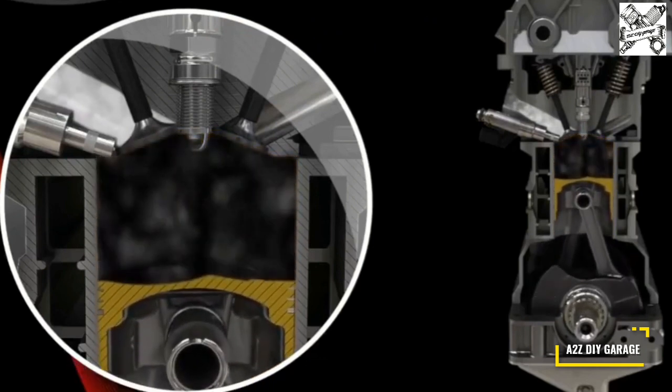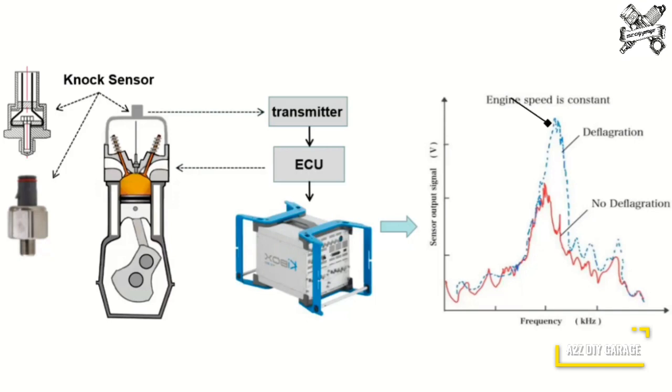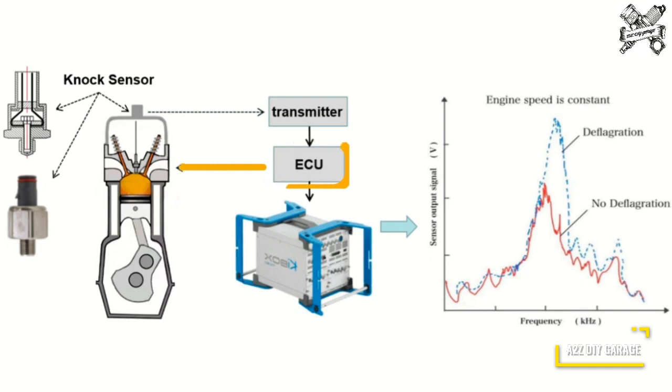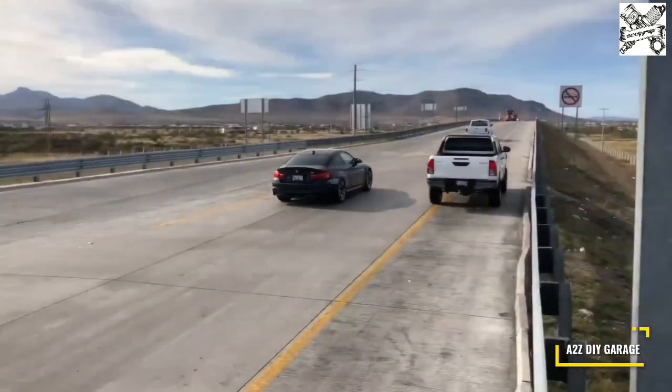The NOx sensor identifies the high-frequency engine vibration of knocking and transmits a signal to the ECU. When the ECU receives an electric signal, the ECU retards the ignition timing and stops the occurrence of knocking inside the engine. This improves economy and power of an engine.